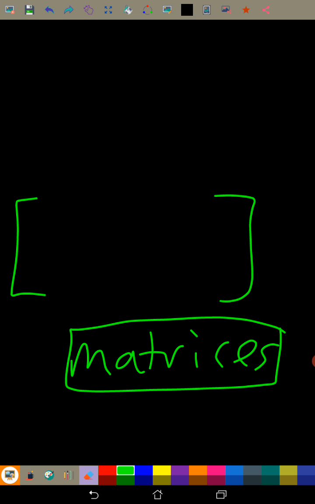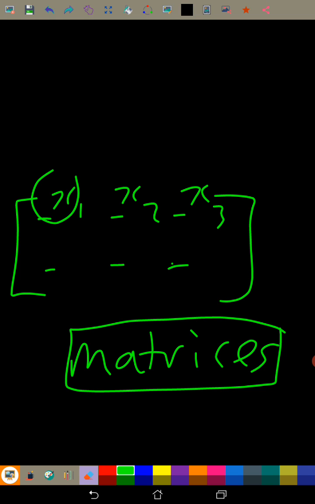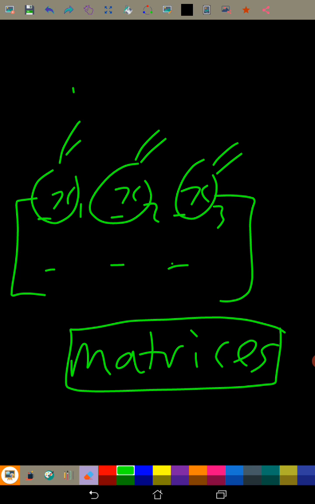So once you have written the data here, there are ways you can find these. You remember there is x1, x2 and x3. So you can find these values, you can know their value, for example 1 2 3, and these are the solution set.